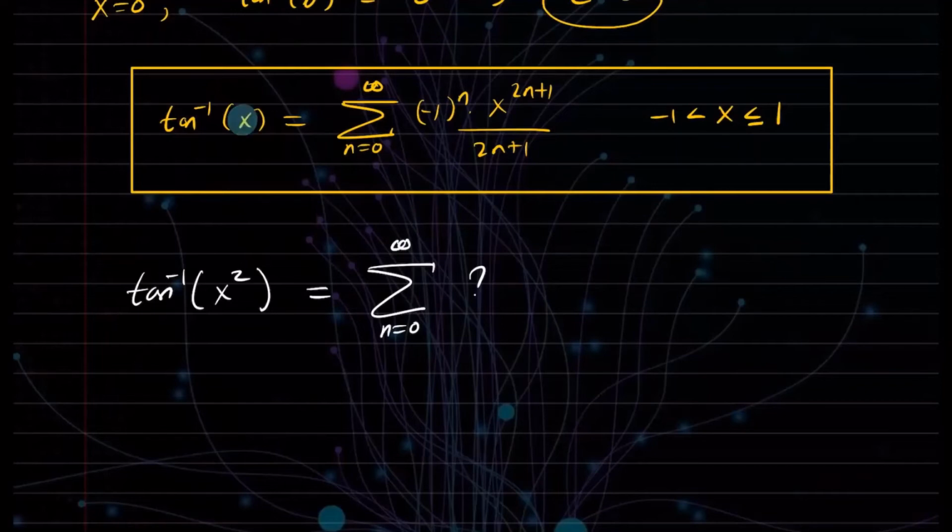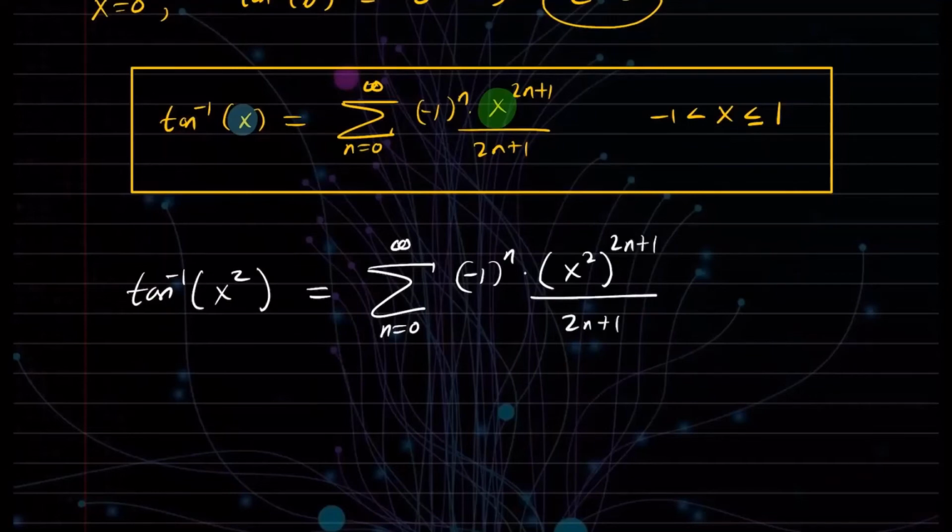So instead of x, we're replacing it with x squared. So all I'm going to do is replace my infinite sum where I see x with x squared. So you can write this as the sum n equals 0 to infinity of -1 to the n times, instead of x, I'm replacing it with x squared, to the power 2n plus 1 over 2n plus 1.